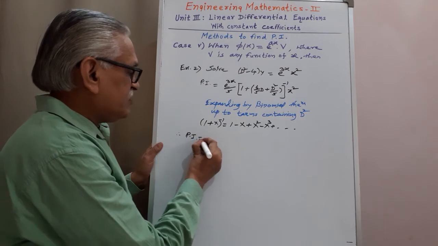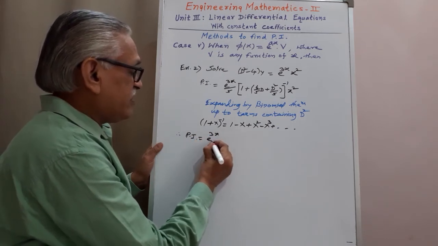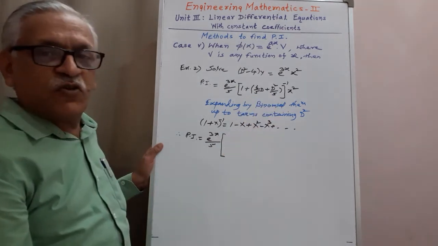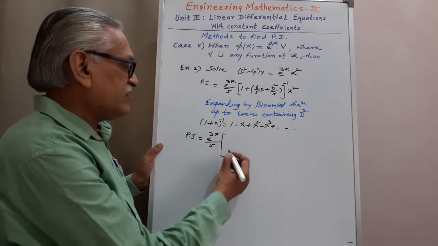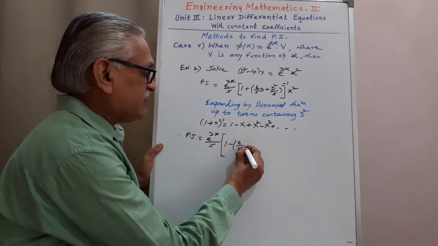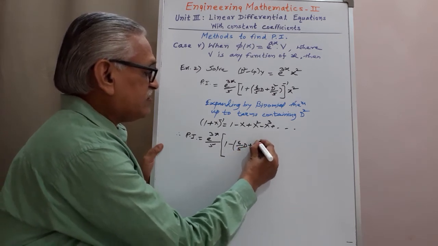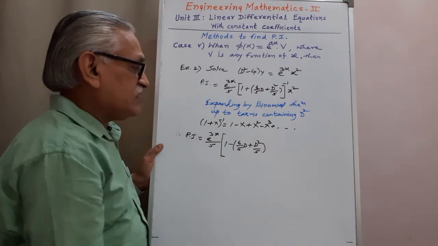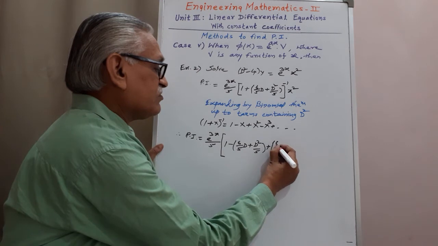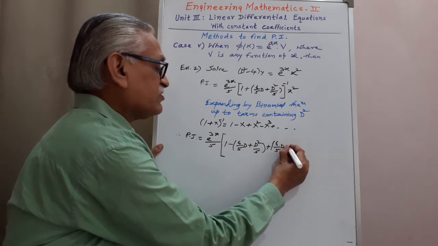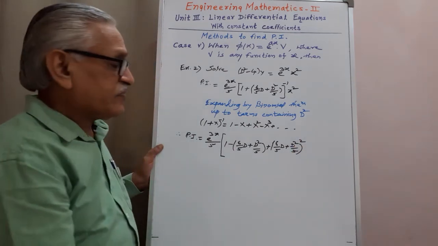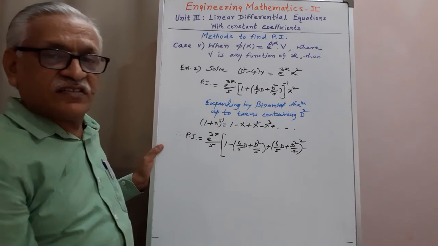Therefore PI is equal to e raised to 3x divided by 5, expanding this bracket by the binomial theorem result. The first term is 1 minus X, where X is 6 by 5 D plus D square by 5, then plus the square of it, (6 by 5 D plus D square by 5) whole square, minus the next one, the cube of this.